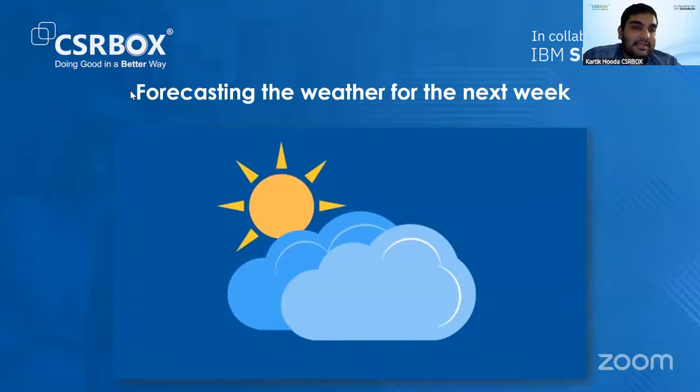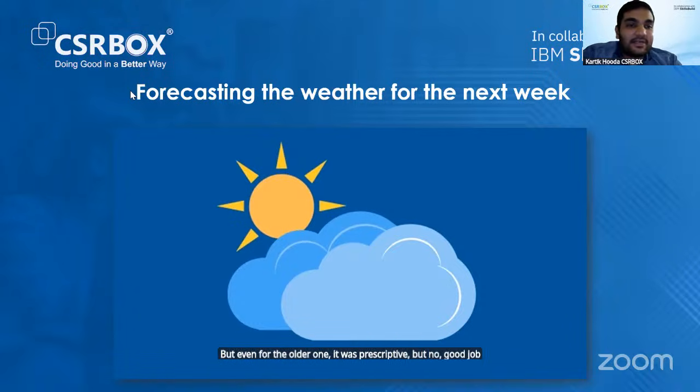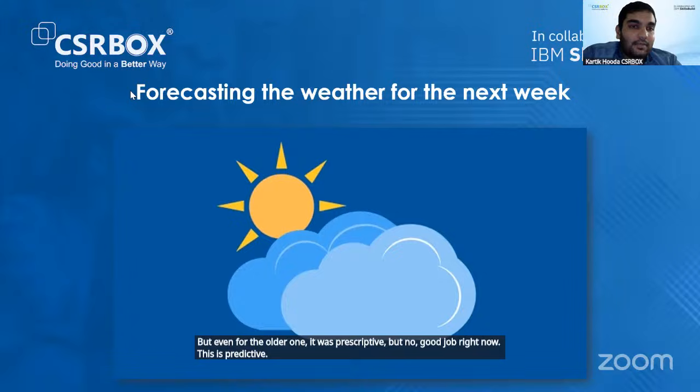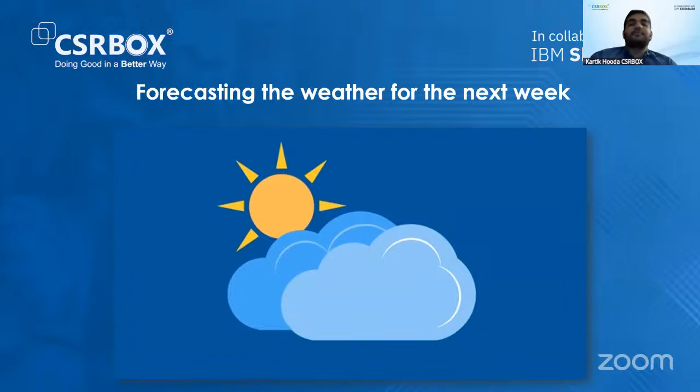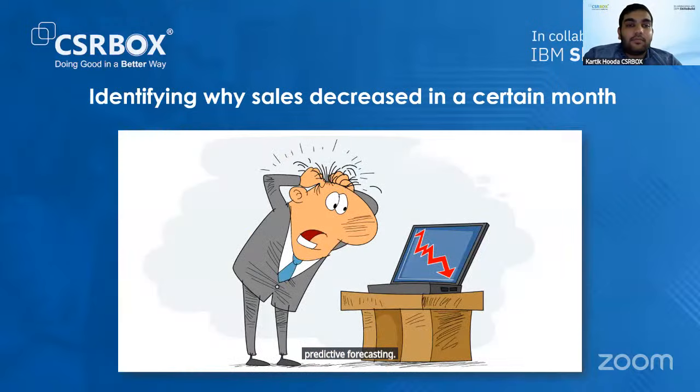Zion Ahmed says predictive analytics. So good job. Zayed, my bad, I read your older answer. Even for the older one, it was prescriptive, but no, good job right now. This is predictive. All right, so yes, you all are again correct. This is predictive forecasting.